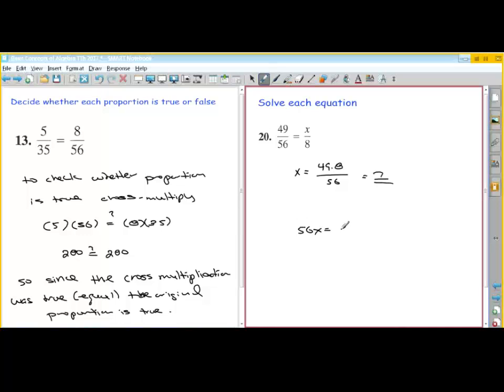The other way, the long way, you'd have 56x equals 8 times 49. 8 times 49 is 392. Then you divide both sides by 56, and you get x equals 7.